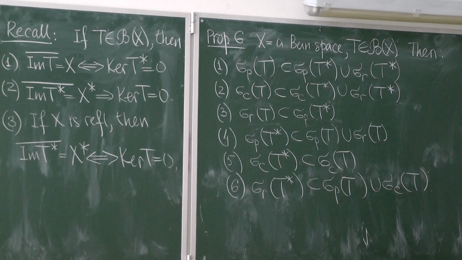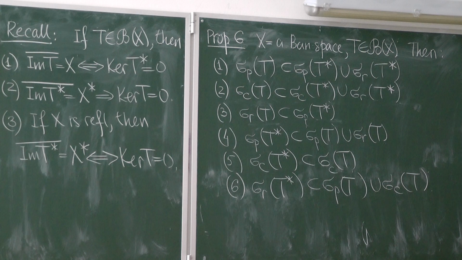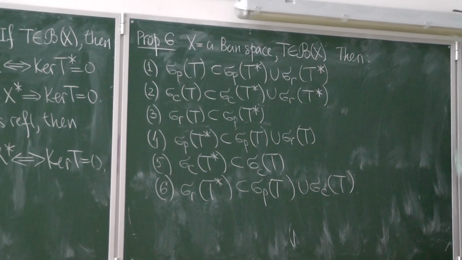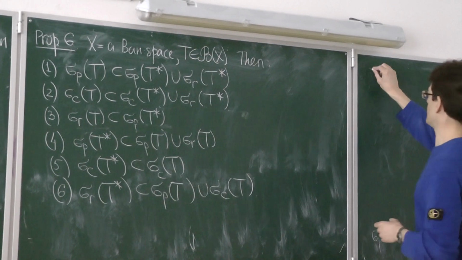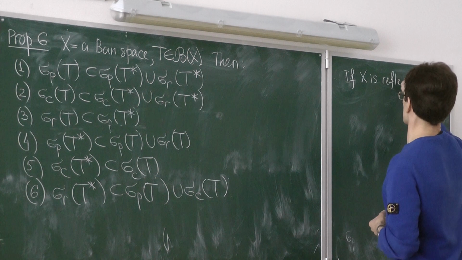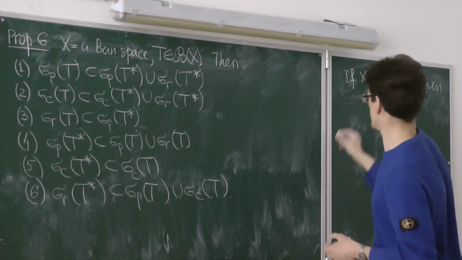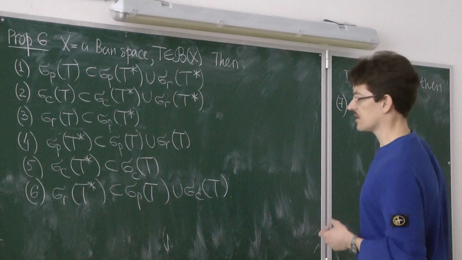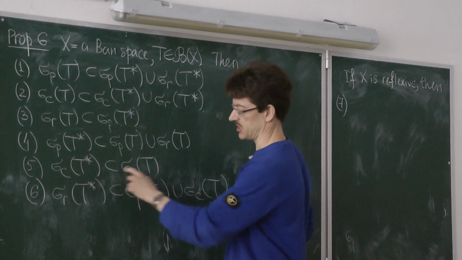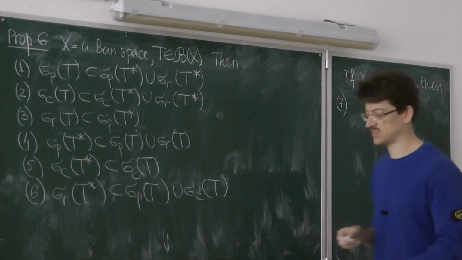In the case where X is reflexive, these inclusions can be a little bit simplified. If X is reflexive, then conclusion 7. We can interchange T and T star here, because T and T double star are similar.